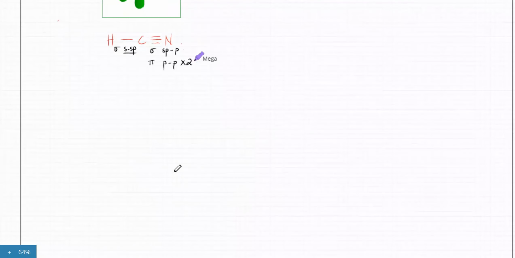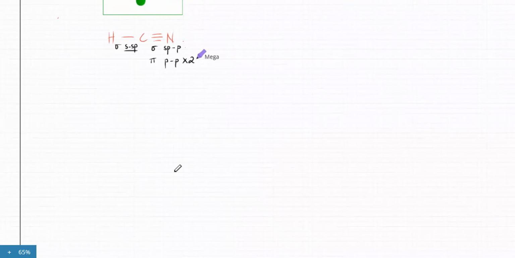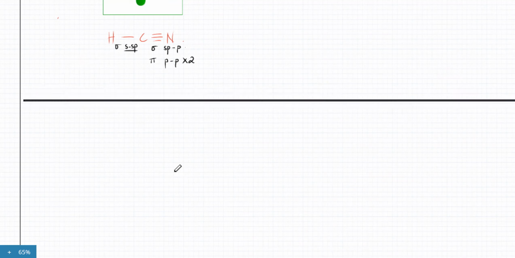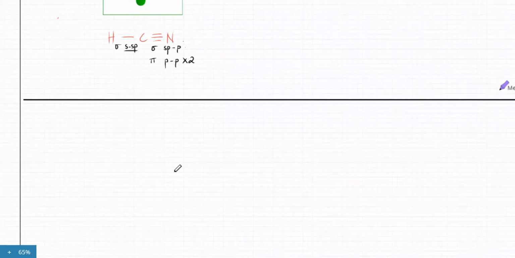I'm going to extend this to other atoms as well. Let me just quickly extend this to other atoms. Now you have to stick to carbon, but they might ask you, they usually don't.